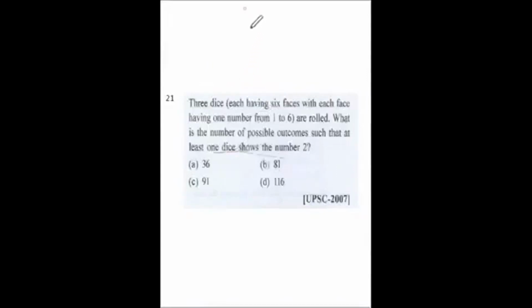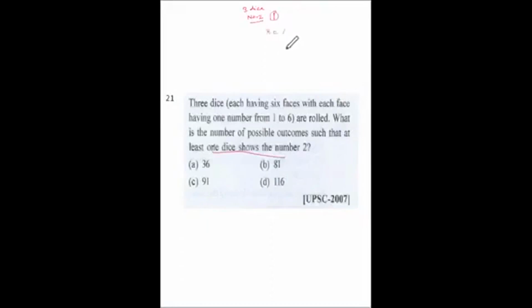It means 3 dice are there and at least one shows number 2. Means remaining 2 are not showing. So first thing is that out of 3 dice we have to select one which is showing number 2.